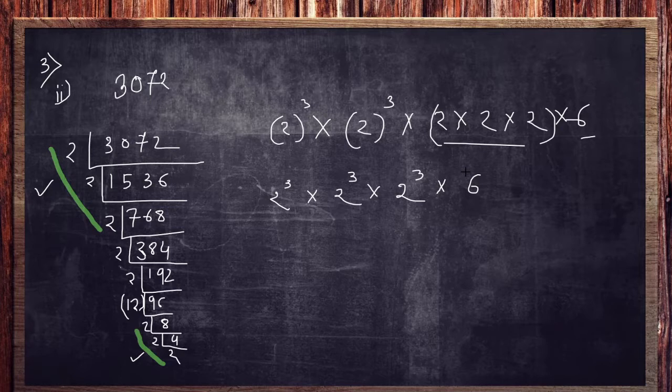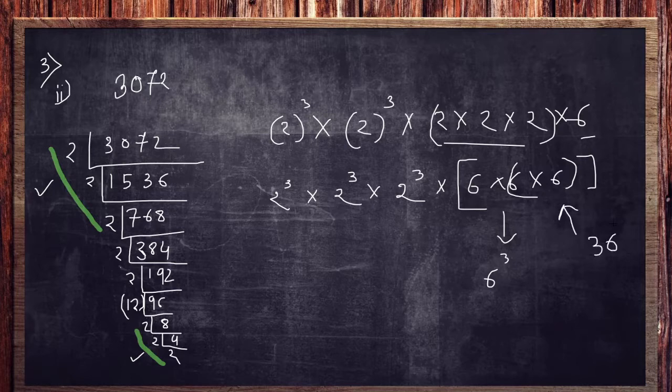Alright. So if I multiply 2 more 6s with this, now see it is totally coming as 6 cube. So what extra do we multiply? That is 6 into 6, which is 36.